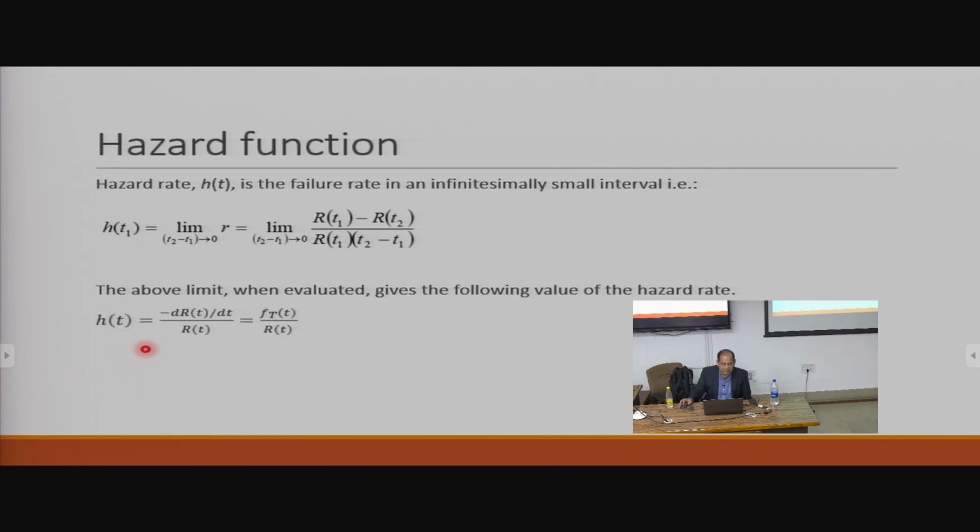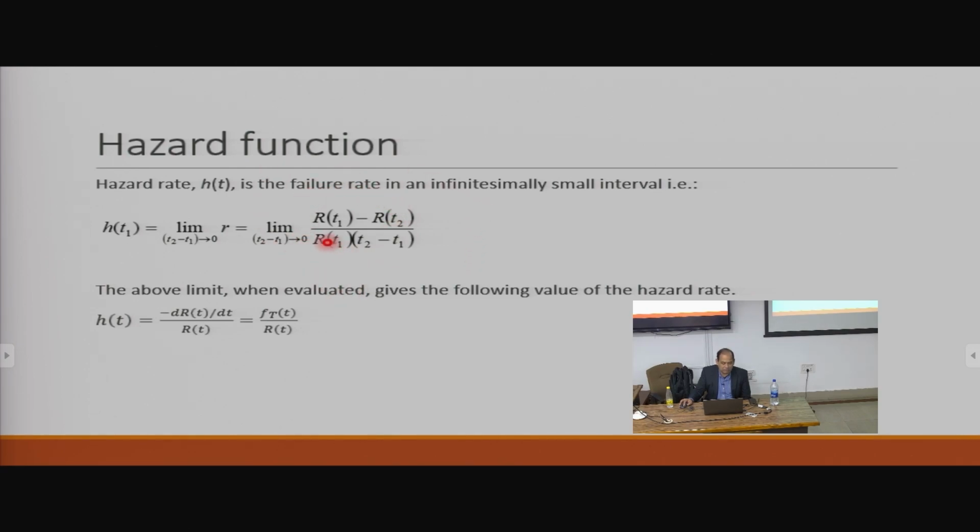So hazard rate is the negative of the derivative of the reliability function divided by the reliability function. In other words, it is the PDF at time t divided by the reliability function. It really shouldn't concern us too much if you can just get it directly from this expression.